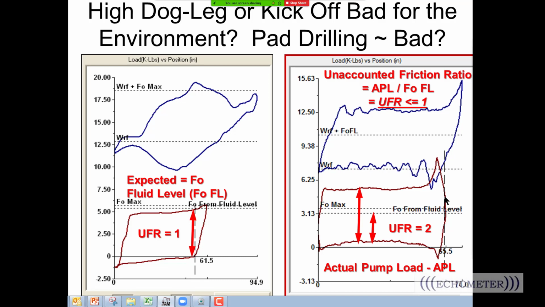These are forces at a point along the rod string. We don't typically know the magnitude or the location of the force. Just recently, we've realized that the slope of the stretch of the rods tells us where the force is and its magnitude. So the two examples I showed you are trying to show where the force is. It's related to a dog leg, not just friction between the rods and the tubing because it's laying on the side.